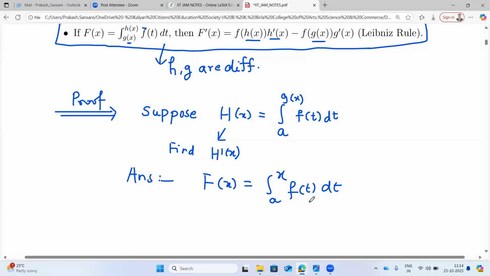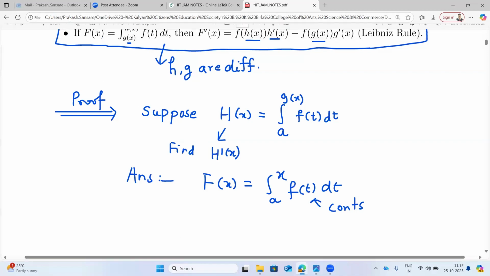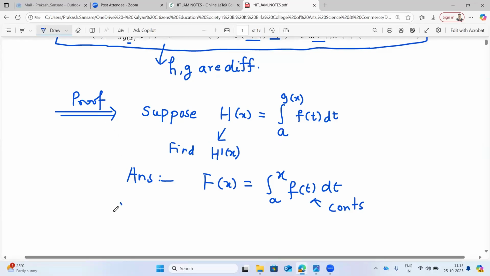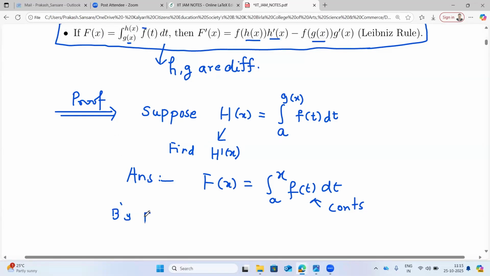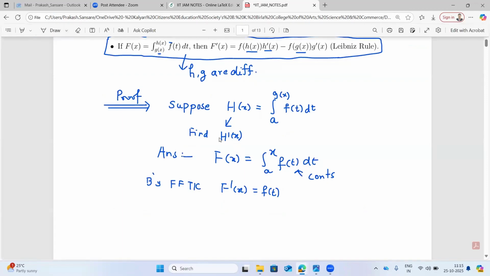And since this f is continuous, by the first fundamental theorem of integral calculus, FFTIC, my F'(x) is equal to f(x), right? Now, my question is to find h'(x). So how will I calculate h'(x)?